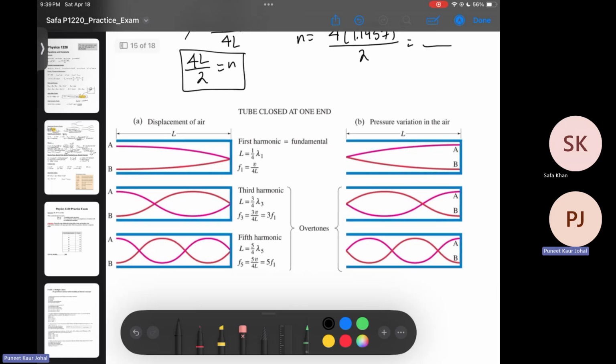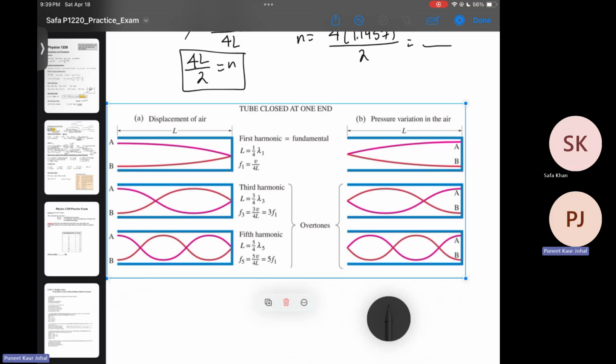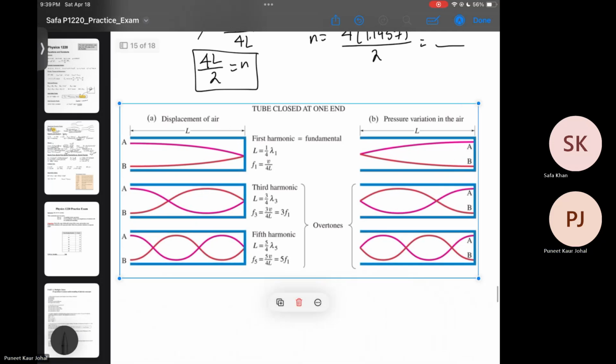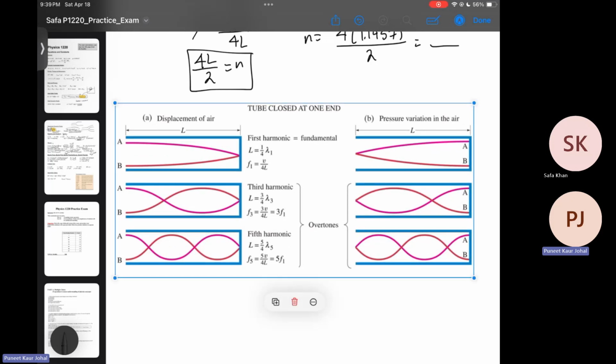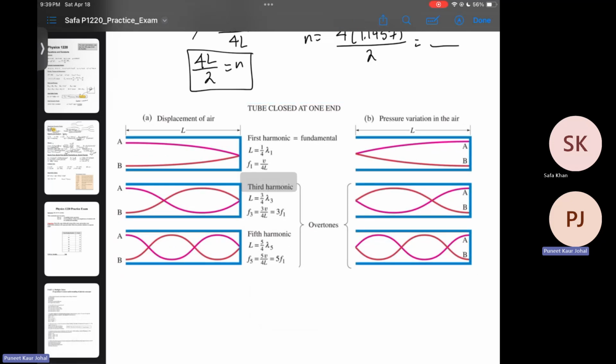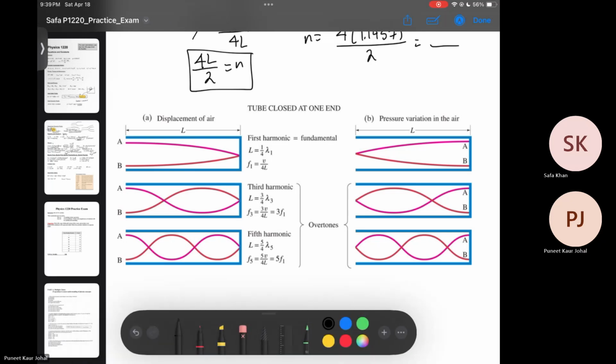This is the drawing when n equals 5. Oops, I can't draw.